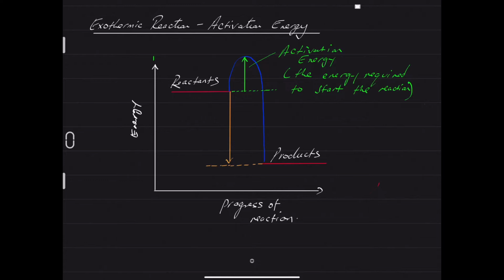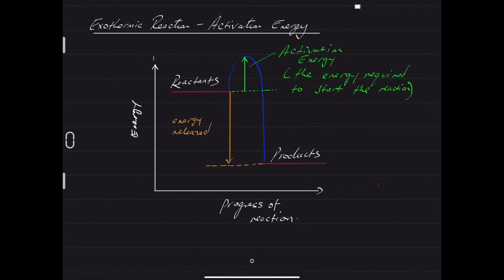Okay, so this is energy released. So do not get the two confused, where the activation energy level can be found and where the energy released to the surroundings can be found for an exothermic reaction.